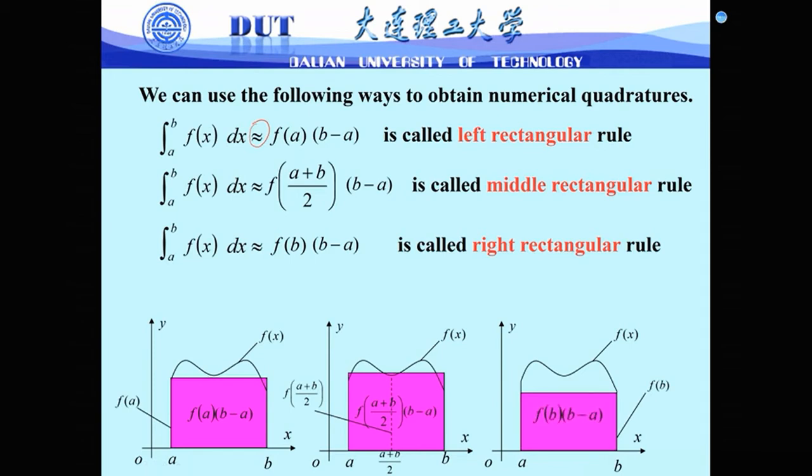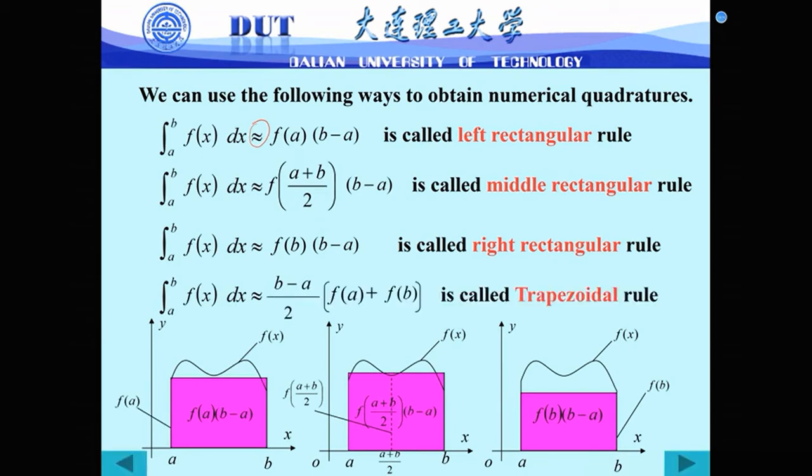Maybe someone will think, why don't we use a trapezoid? Now you see, I draw the figure here. We can choose the trapezoid. We use both endpoints f(a) and f(b). When we connect the two points, we can obtain a trapezoid.